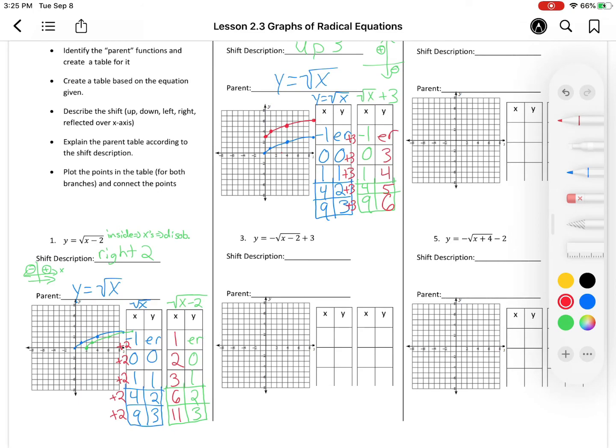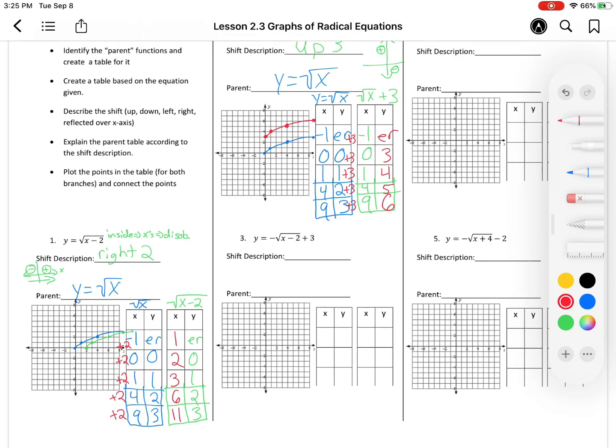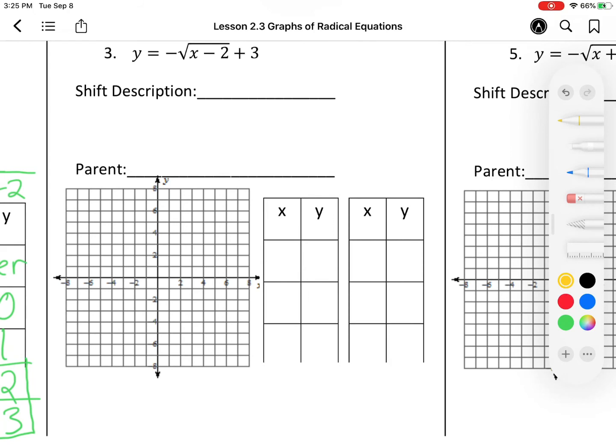Alright, so what if we have multiple transformations going on? So I want to do, it doesn't really matter, let's do this one. Our negative tells us to reflect or flip. Our -2 tells us to move to the right 2.